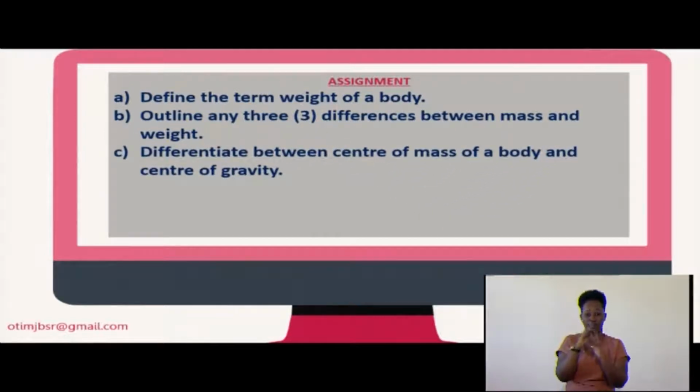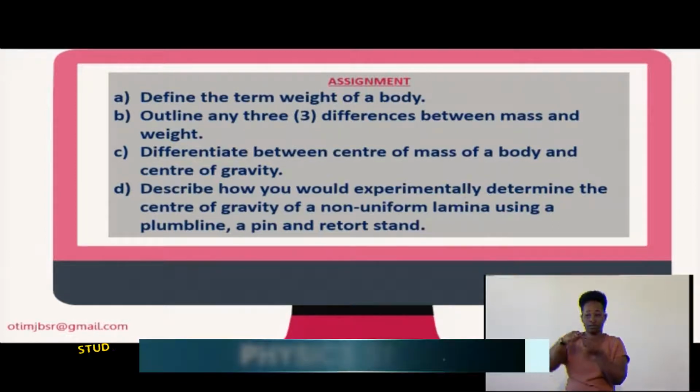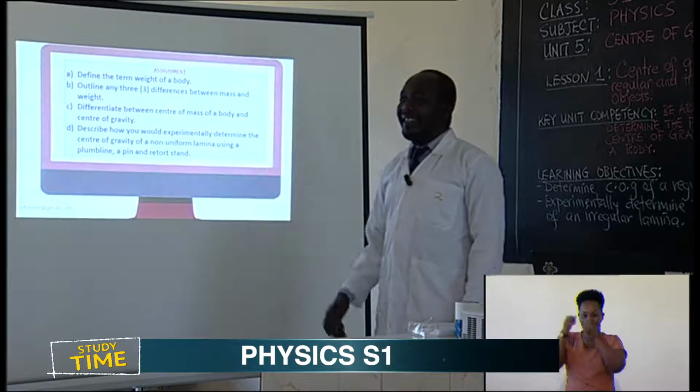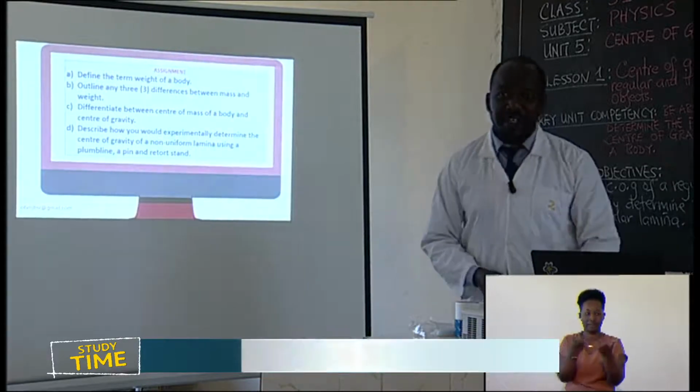Differentiate between center of mass of a body and center of gravity. Talk about them. Then another one will be, describe how you would experimentally determine the center of gravity of a non-uniform lamina using a plumb line, remember there, a pin or a nail, and a retort stand. That is the end of your assignment. I will give you time to take notes on that.